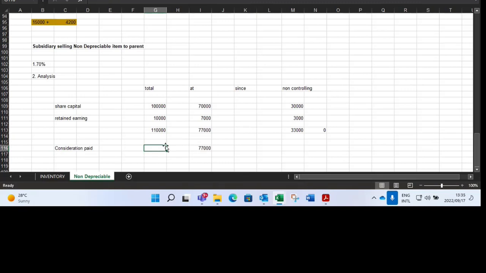Agree, in order to get this, you say 77,000 divided by 70% to give you 110. Then here we still have 83.